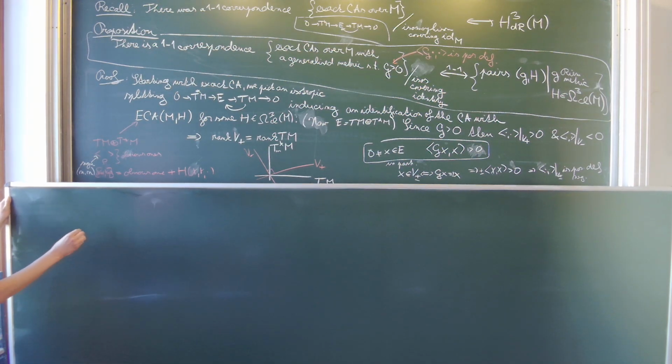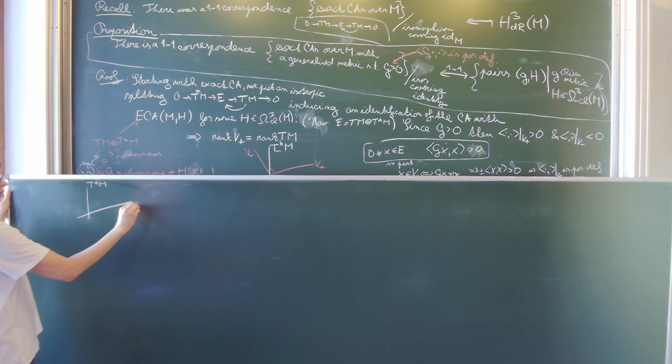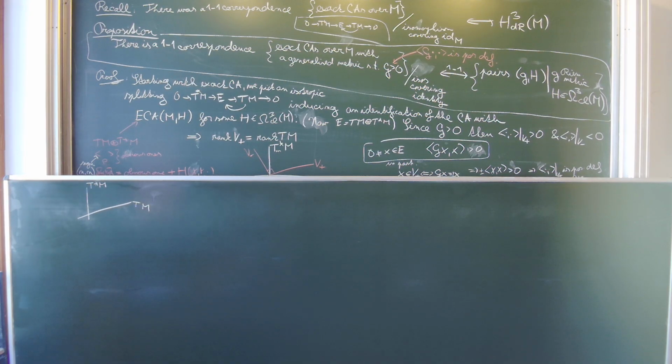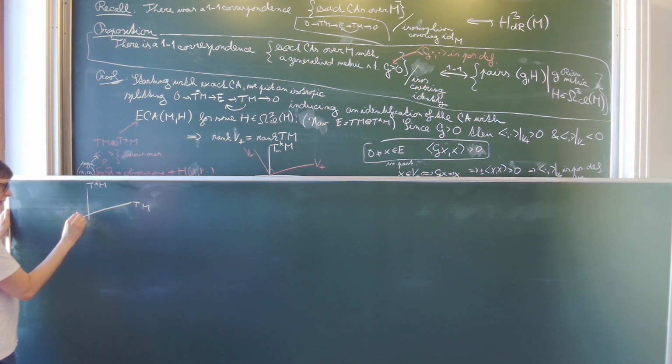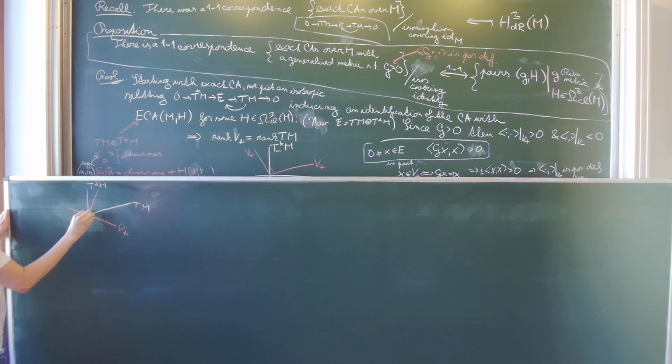Okay, so a better picture would be something like this. T star M, and then maybe, to purposefully draw this thing not orthogonal. And then it's still true that I have a V plus, V minus.